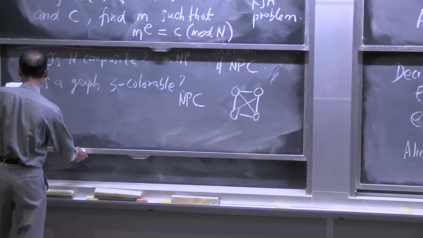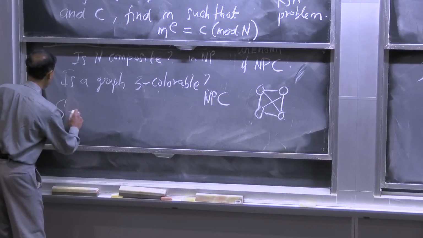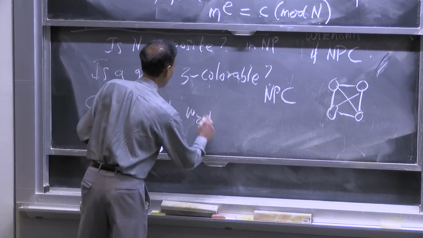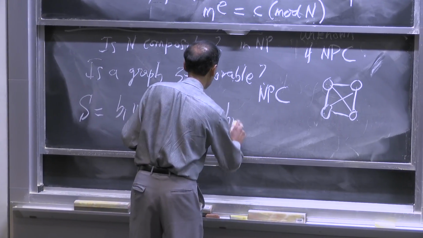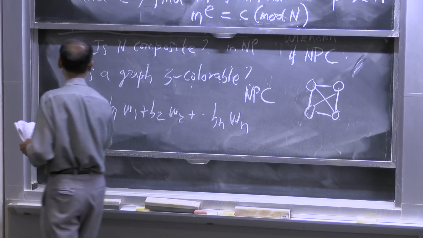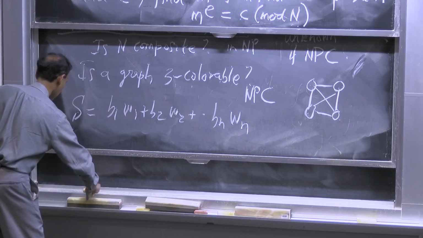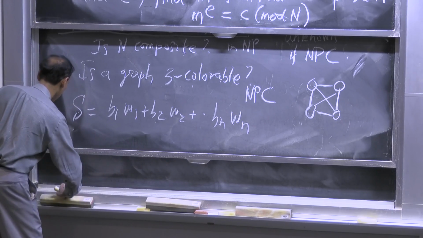And then we have Knapsack, where Knapsack is simply, you got a bunch of items, and you just want to figure out whether you can get this particular sum S. Knapsack is NPC as well.